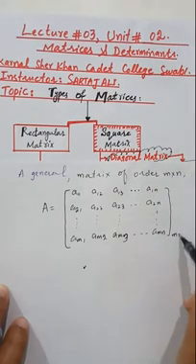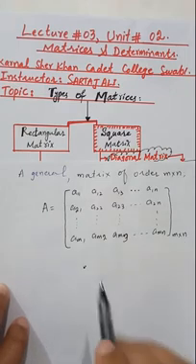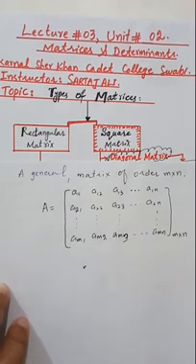So this is a matrix of order m by n. This matrix contains m rows and n columns.